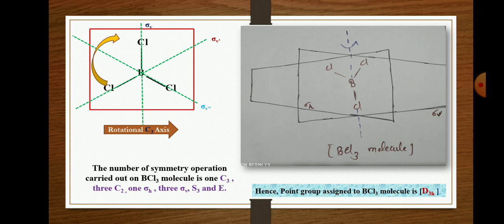So now at this level you get the meaning of what D is. D is dihedral.